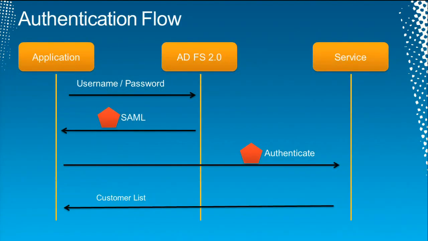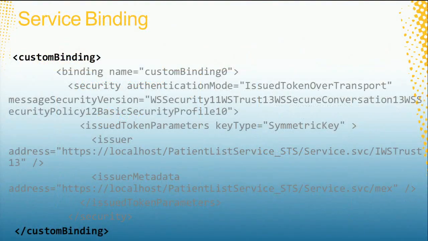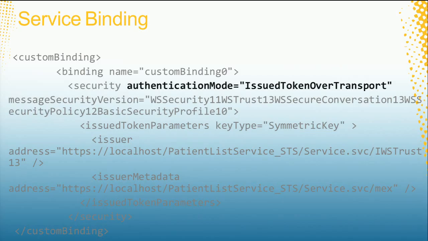Just like we had to have a binding on the STS side, we also need to have a binding on the server side, of course. In this case, it's a little more complicated since it's a federated binding. I'm doing a custom binding because I want to be able to control with higher fidelity what's going to happen, and also make sure that this binding can work across the other apps we'll be working with later on in the presentation.